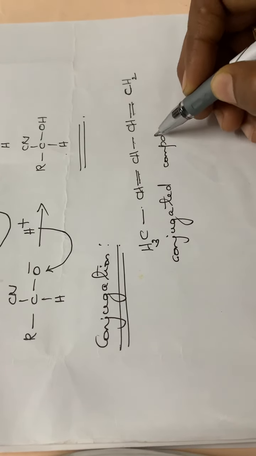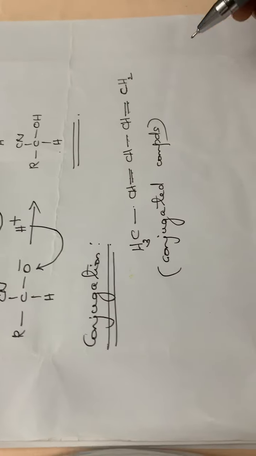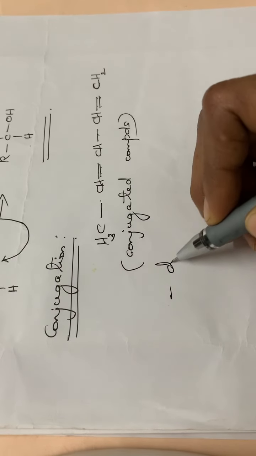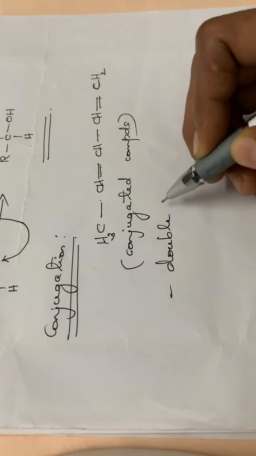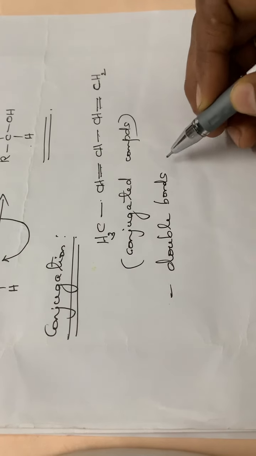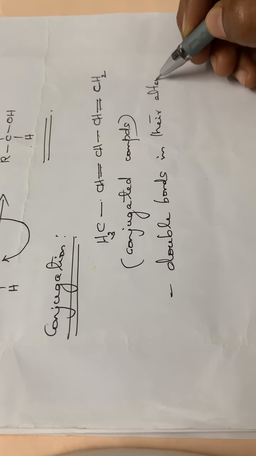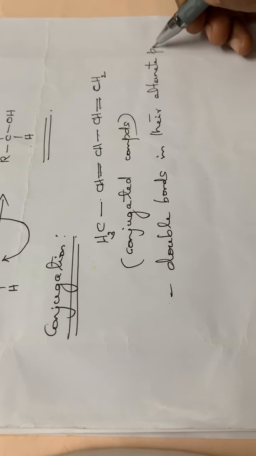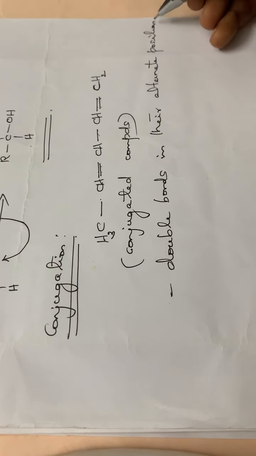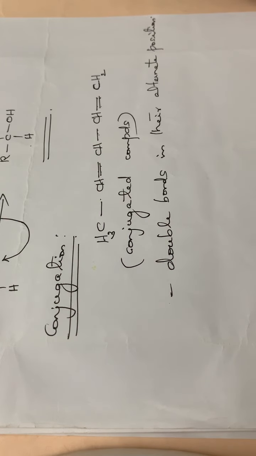Any compound which has double bonds in alternate positions, we can call that compound a conjugated compound or conjugated molecule.